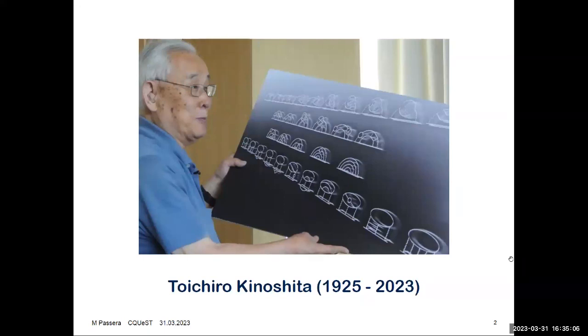He just passed away last week, and Professor Kinoshita was a hero of our field. This is a picture of him computing the 5-loop contributions to the electron g-2. And you will see in the next few slides how much work he did over the years. He has really been, as I said, a hero of our field.